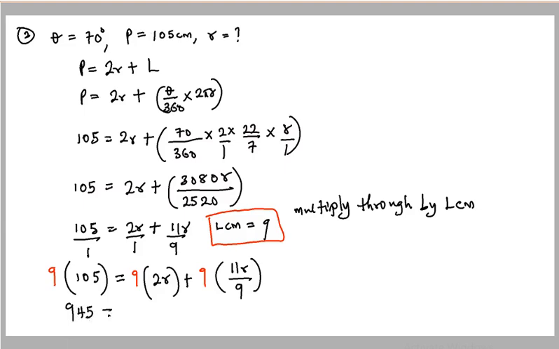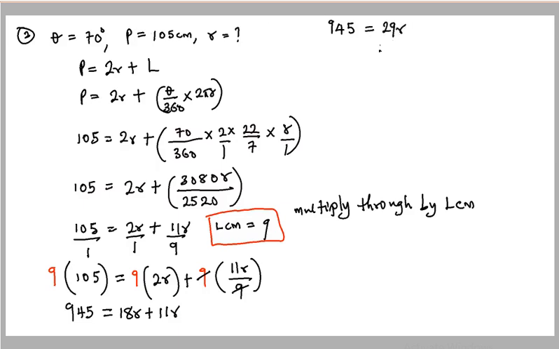945 equal to 9 times 2r. We get 18r plus 9 in this denominator, we cancel this up here. So I will have what left? 11r. With this, it becomes easier. At this point, we now take like terms. So 945 is equal to 18r plus 11r, which should be 29r.